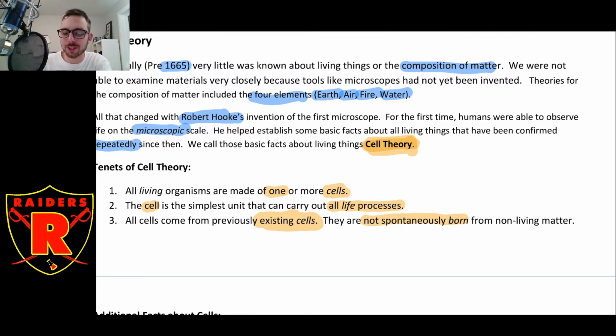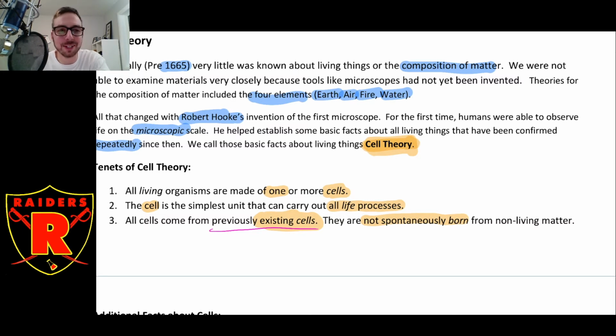The last part is really interesting, because if you really think about the last part here, that all cells come from previously existing cells, there has to be an exception to this, obviously, in biology. And next year, in grade 11 biology, when you get into evolution and you go back through the generations, on and on, billions of years, eventually, once you get back to the first life on Earth, the first cellular life, you do get to a point where you have to think, okay, well, at some point, a cell came from something that wasn't a cell.